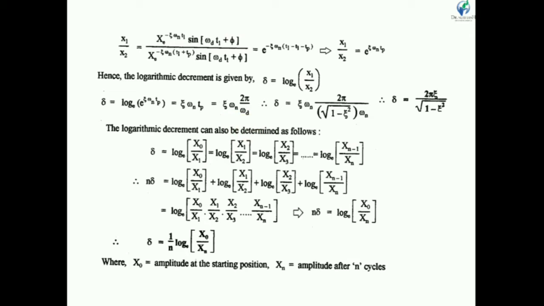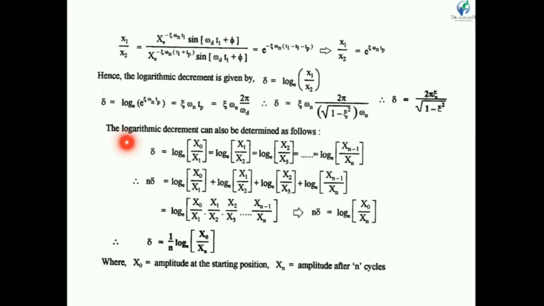So delta is equal to zeta omega n into 2 pi upon root 1 minus zeta square into omega n. So we get delta is equal to 2 pi zeta under root 1 minus zeta square. So this is the equation of logarithmic decrement: delta is equal to 2 pi zeta upon root 1 minus zeta square.